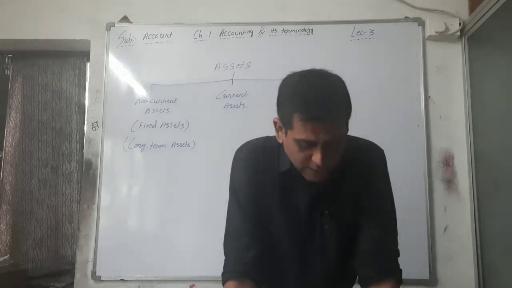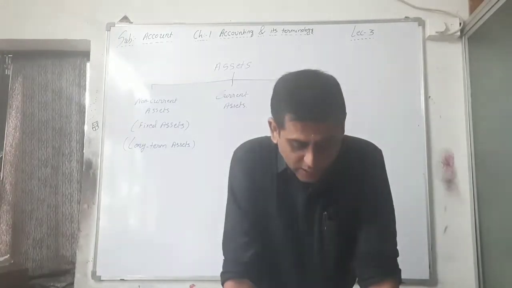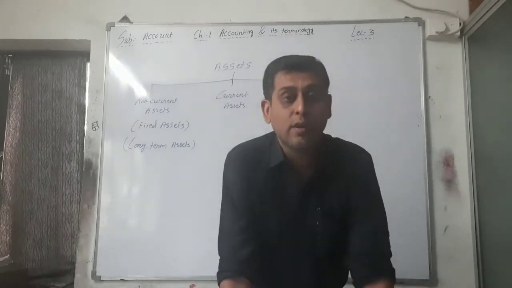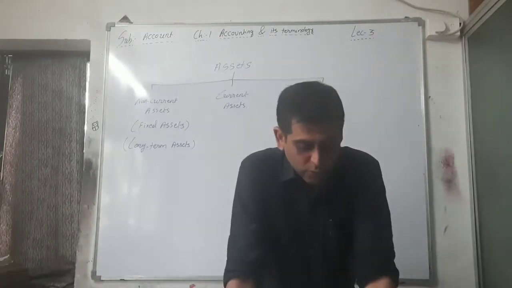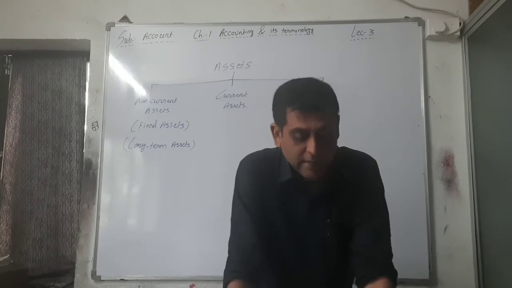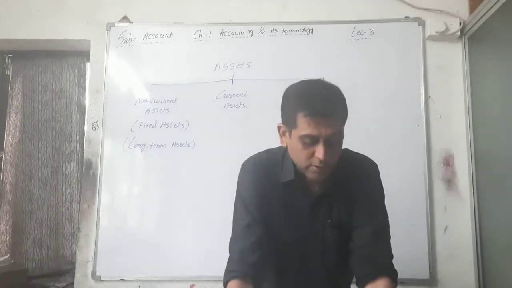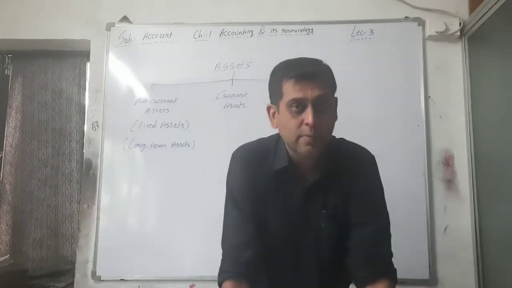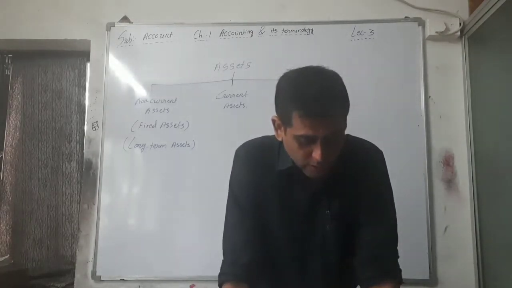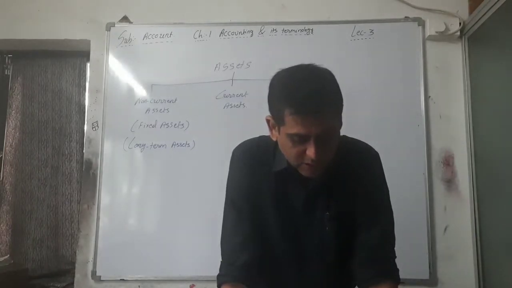Franchises etc. are included in the non-current assets. These assets have a life of more than 1 year. Okay. So non-current assets can be categorized into two further categories, that is tangible and intangible assets. Now see the tangible assets, that is our 10th point. Tangible assets are those assets which have physical existence.